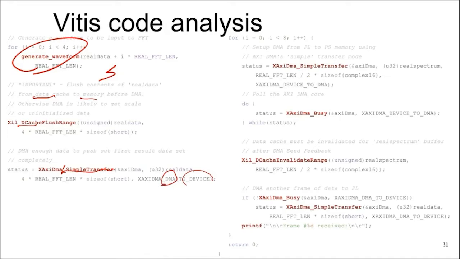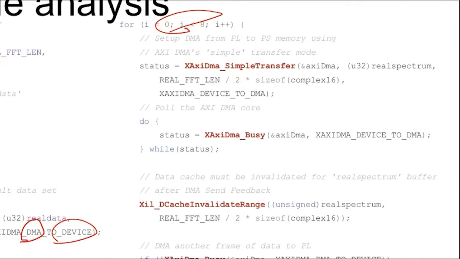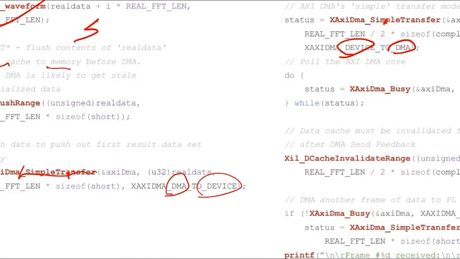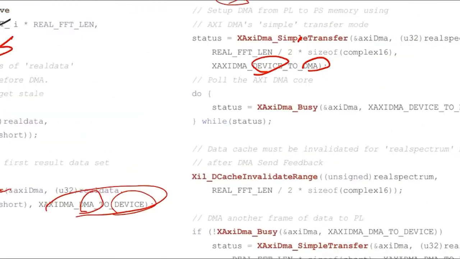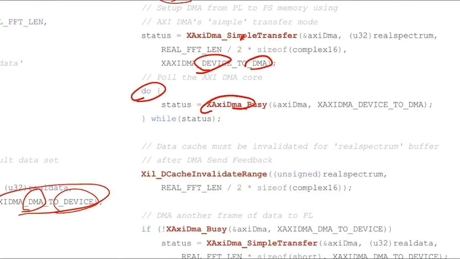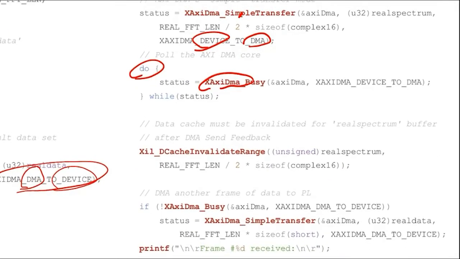And then we go on to the test cases. The first will copy the result back from the device to DMA. We can notice that the two functions are the same, but the last argument is different. Then in this while loop, we wait for the DMA IP to be not busy. This is for the blocking.